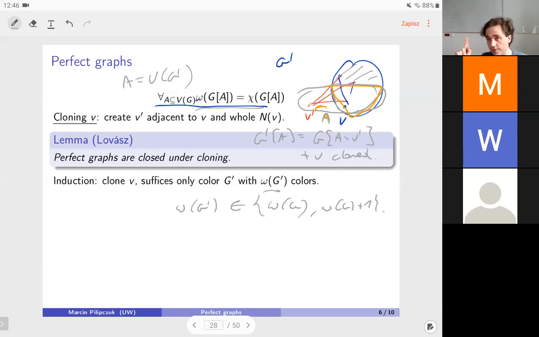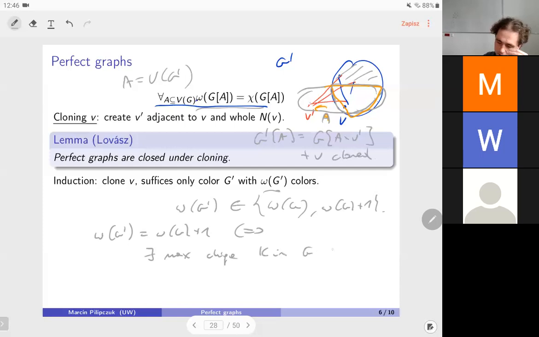And moreover, if you clone, omega of G prime equals omega of G plus one if and only if there exists a maximum clique K in G that contains V. You cloned the vertex and created a larger clique.